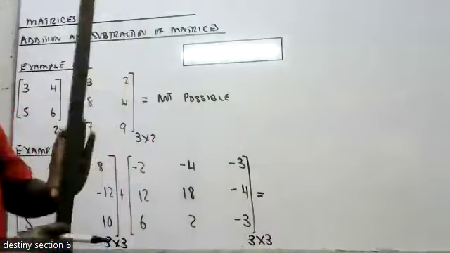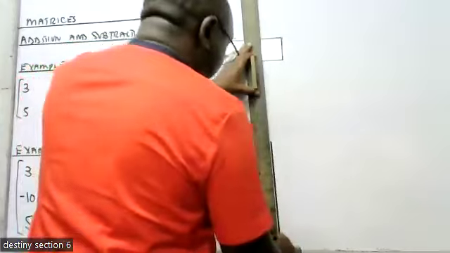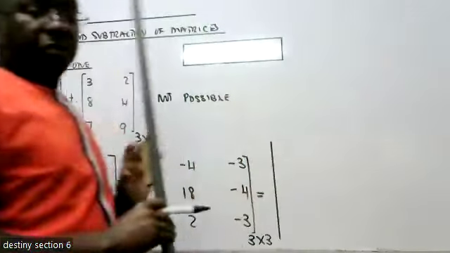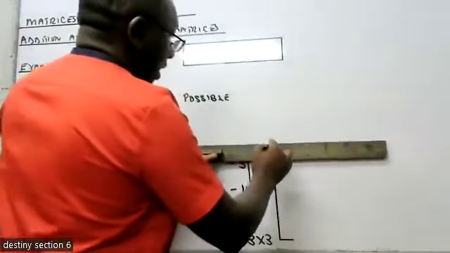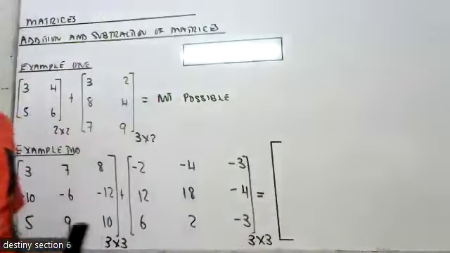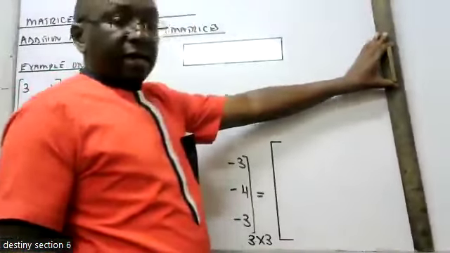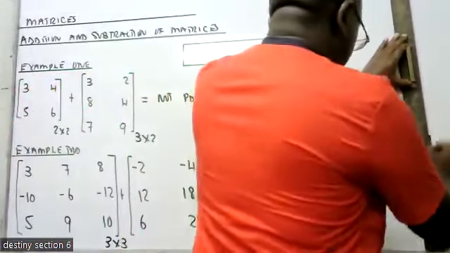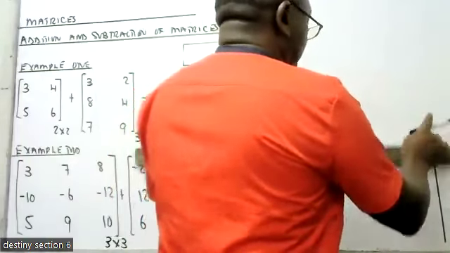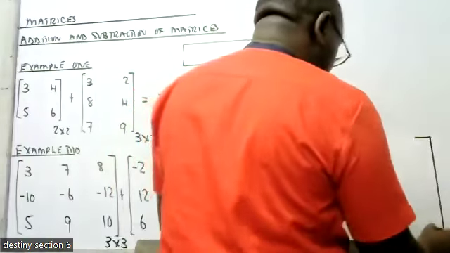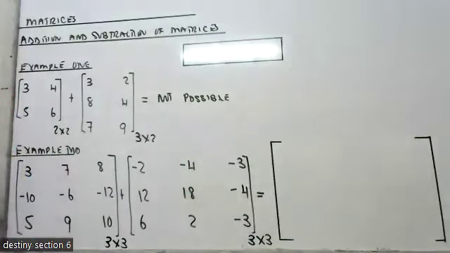And the next thing that you need to check is to know what will be the order of the answer. Now, the order of the answer, when you are adding matrices, will be of the same order as the matrices that are involved.